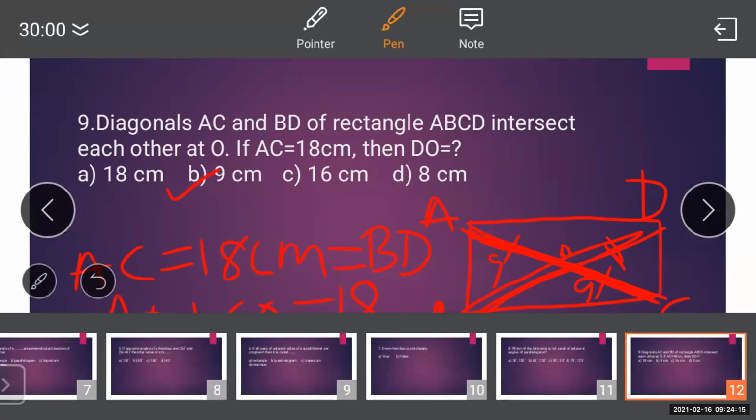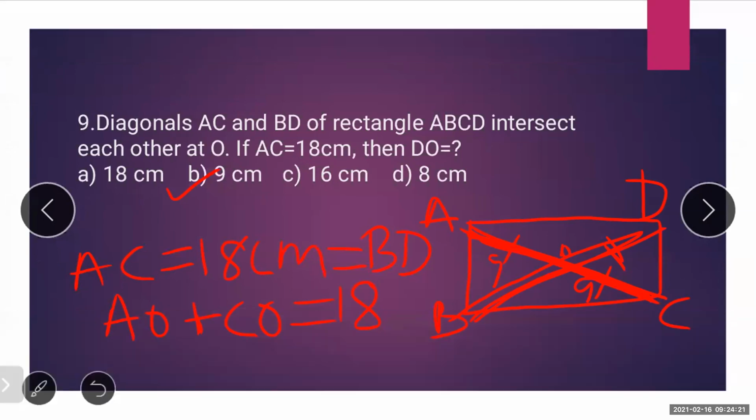Sorry students, where were we? In question number 9, I will explain again: diagonals AC and BD of rectangle ABCD intersect each other at O. If AC is given as 18 centimeter, then you have to find DO.